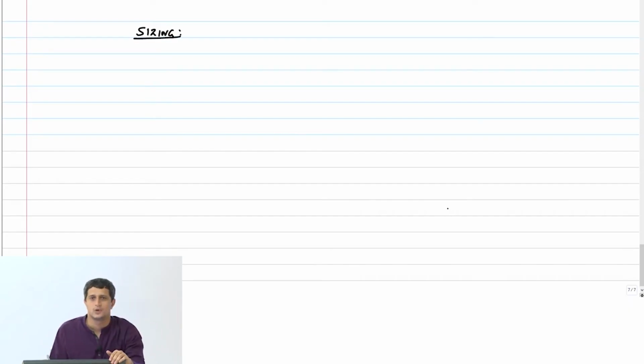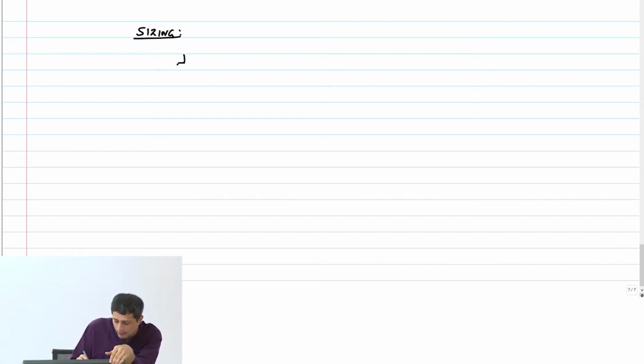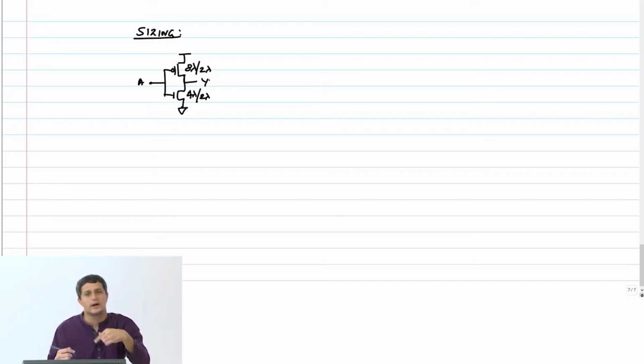So now let's move on to the question of sizing. Okay. So we said that when we had a CMOS inverter, for example, this would be 4 lambda by 2 lambda, W by L. This would be 8 lambda by 2 lambda, W by L. Okay, A and Y. And why did we have this twice?